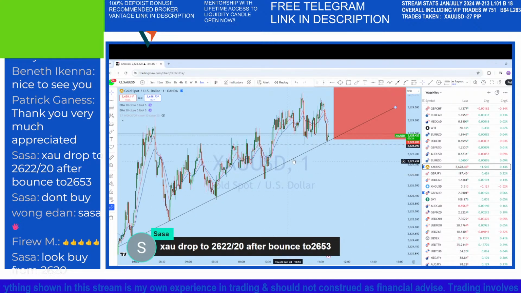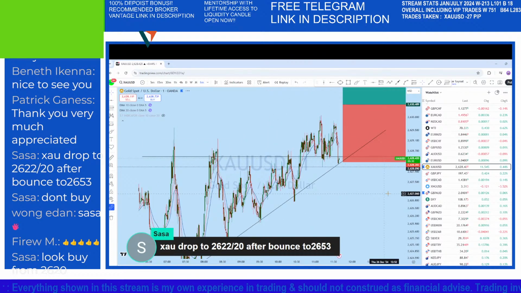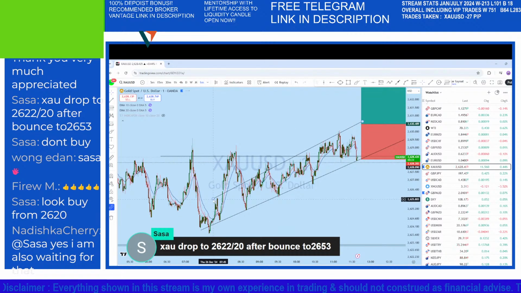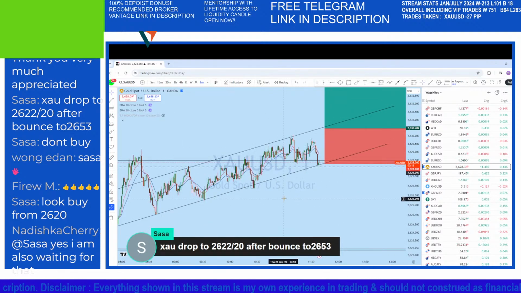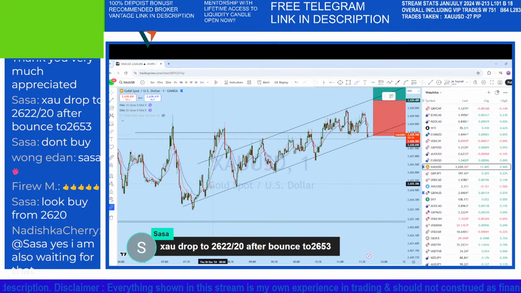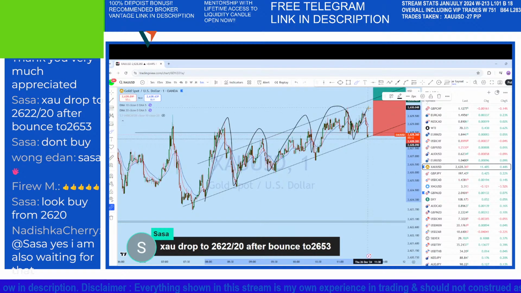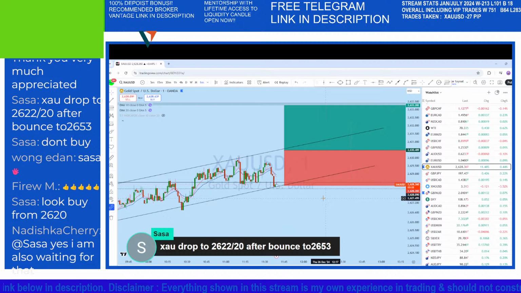You can see it dropped to that support level here, to the trend line, and if we redraw this channel, you can see that this is an important level of the channel. With that channel, you can see the market is in a bullish trend, forming a series of higher highs and higher lows in a channel.